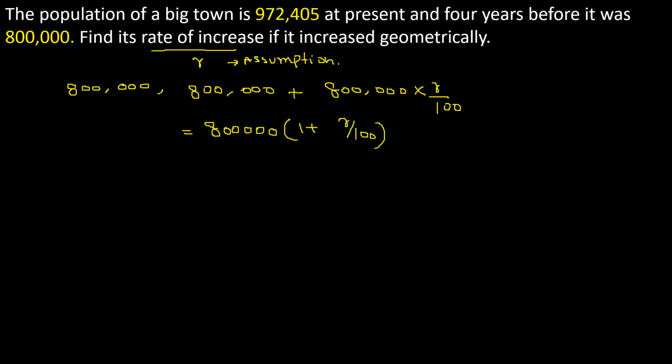So we have to find this r. So next, a3 will be equal to 800,000 into 1 plus r over 100 whole square.